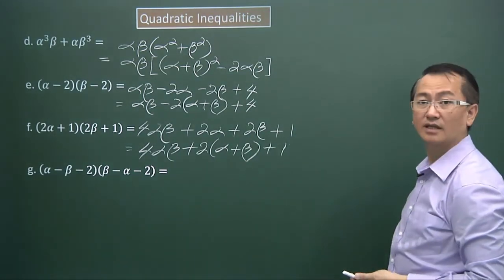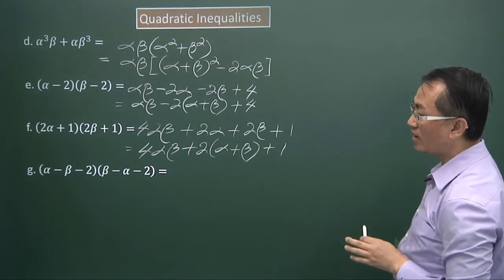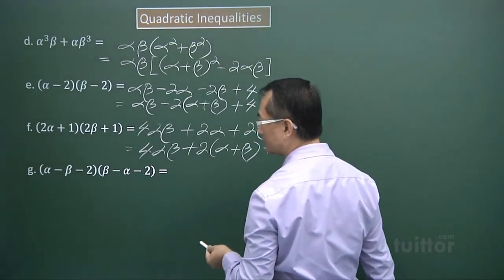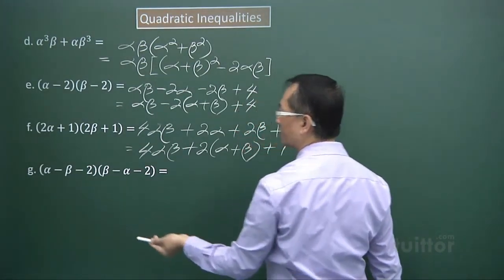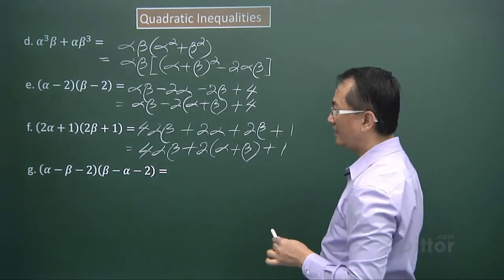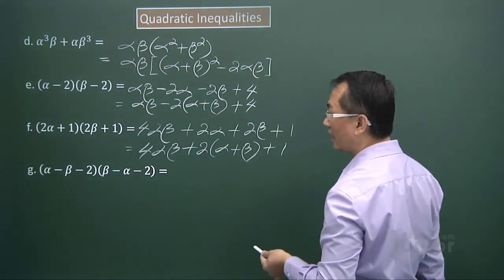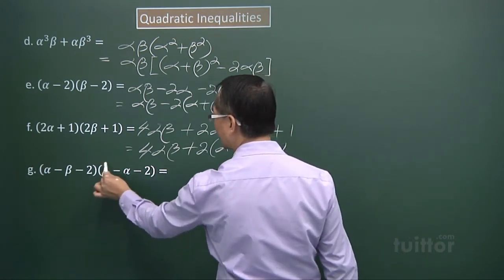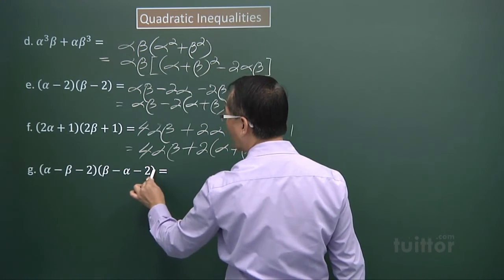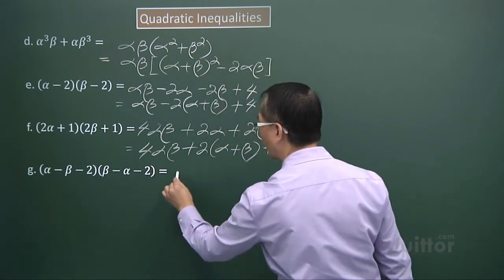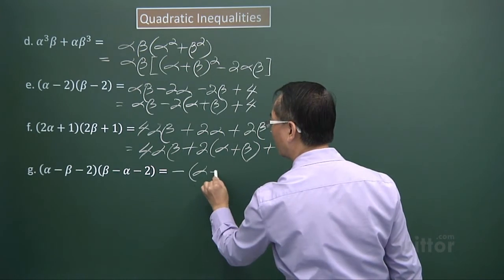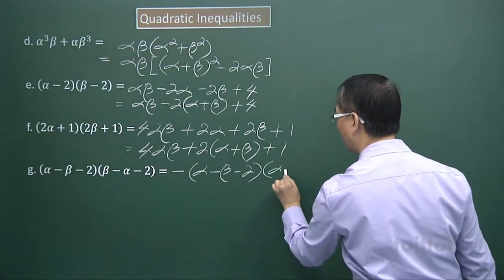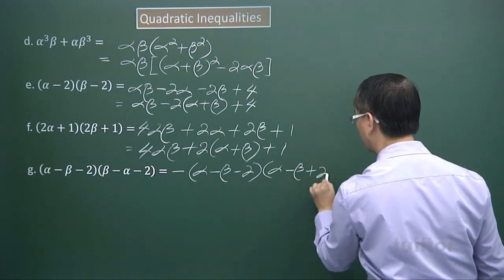As for the last one, part G. Instead of just opening it up, which could be a very tedious way, I look for a certain pattern. If I can just take out the negative 1 from the second factor, I will have negative alpha minus beta minus 2 times alpha minus beta plus 2.